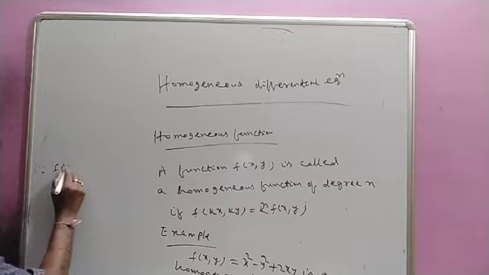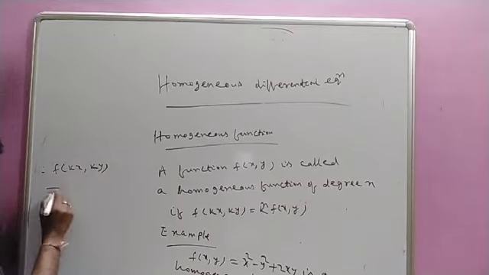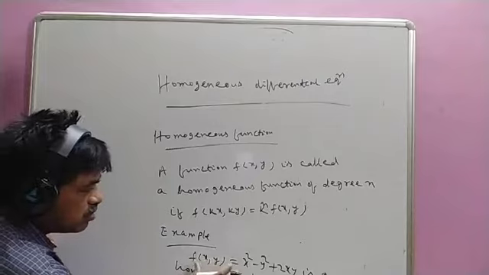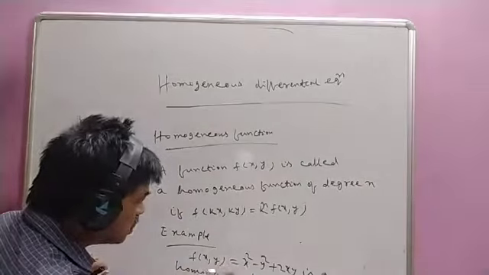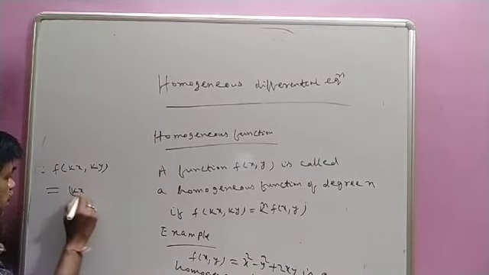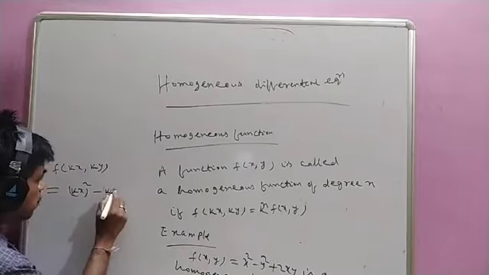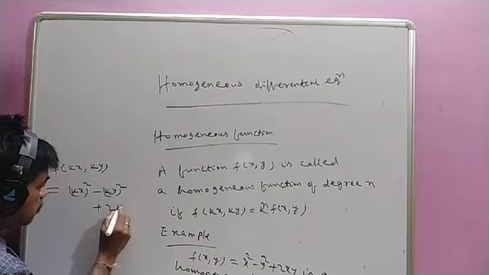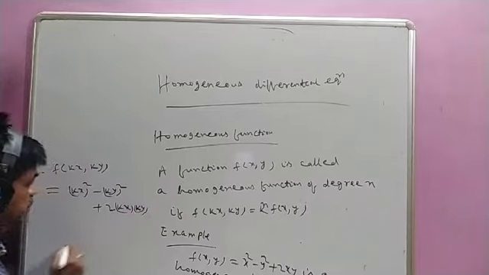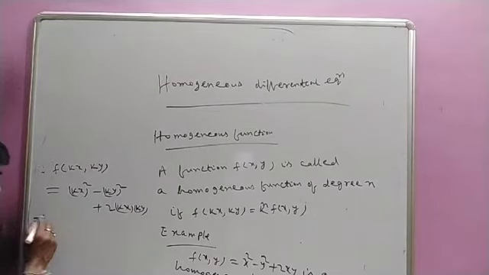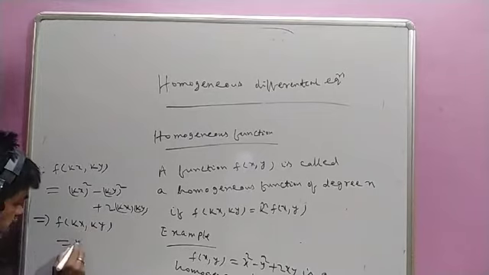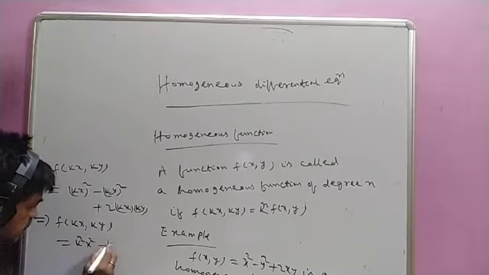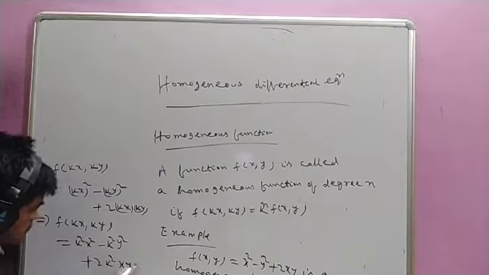Since f(kx, ky) means you are replacing x by kx and y by ky, 2xy means 2 into kx into ky. So f(kx, ky) is equal to k square x square minus k square y square plus 2k into k, which is k square xy.